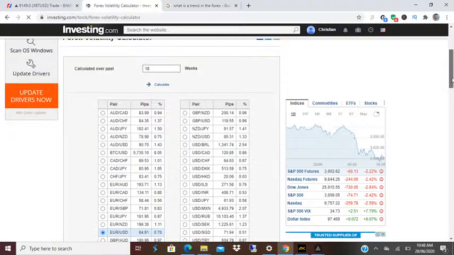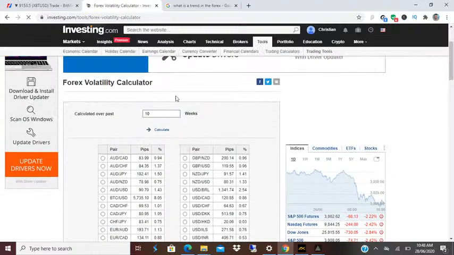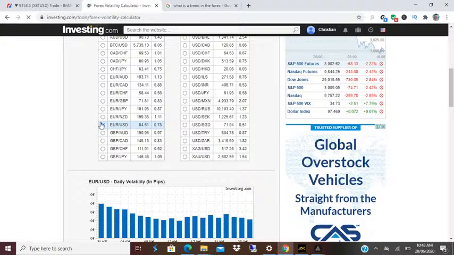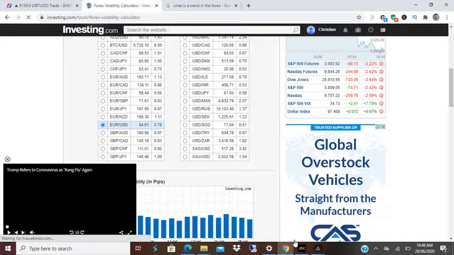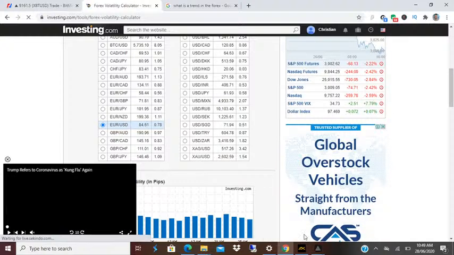Let's do the Euro USD. With a 10-week period here, and I'm a day trader, the Euro USD has reached 84 pips. All right. So that means it's an average of 84 pips within those 10 weeks. Every day it's been an average. Okay, I estimate it.